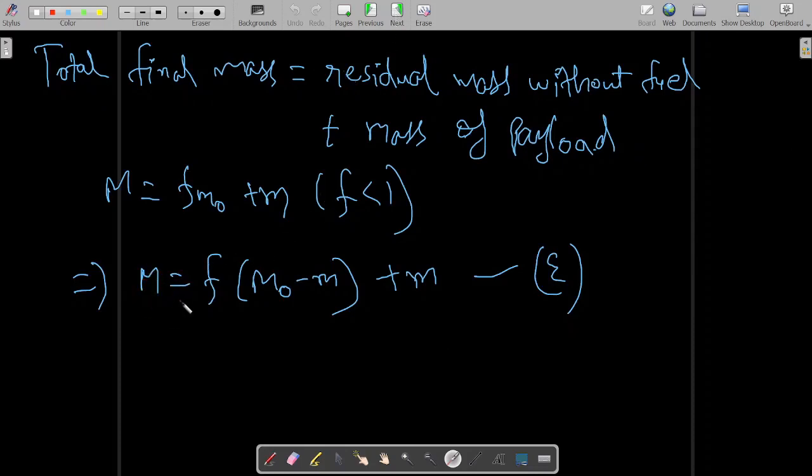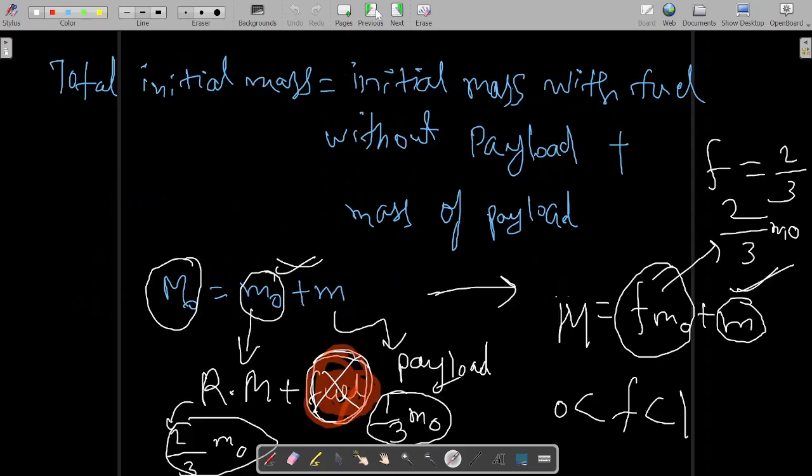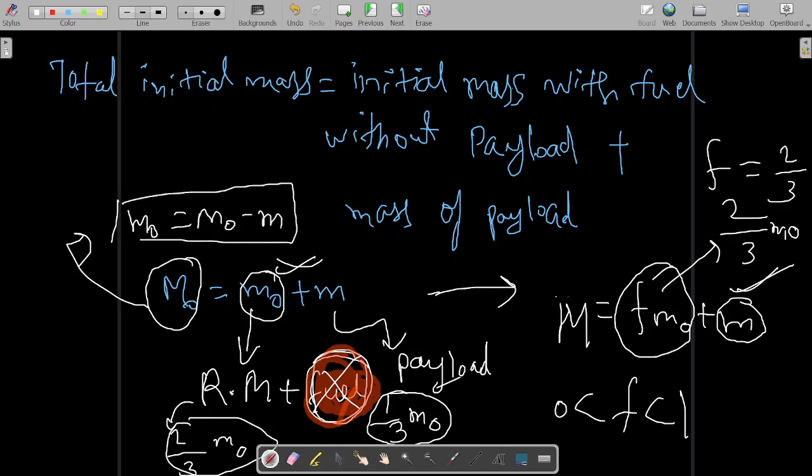So capital M is equal to f m naught plus m. Small m naught can be written as capital M naught minus small m.